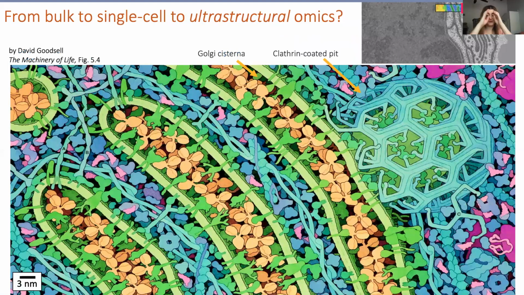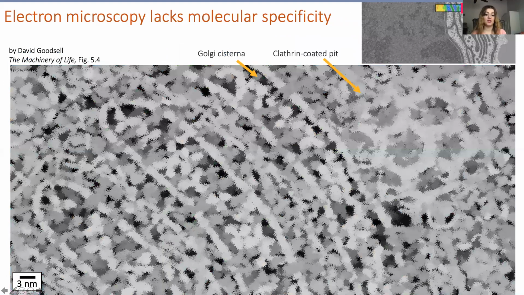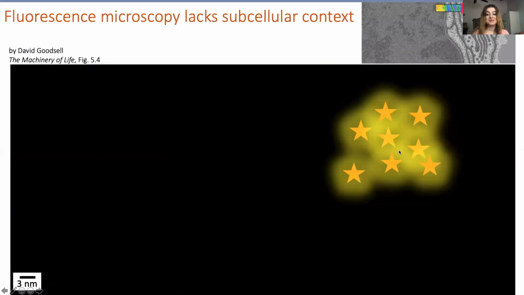And so this beautiful mosaic would look something like this with electron microscopy. We can tell that we're imaging the Golgi apparatus and clathrin-coated pits. However, we cannot identify the underlying biomolecules. With fluorescence microscopy, we get images like this routinely, right?